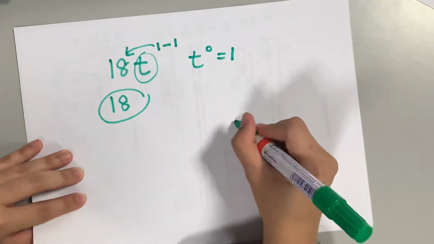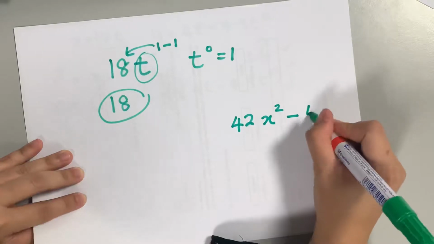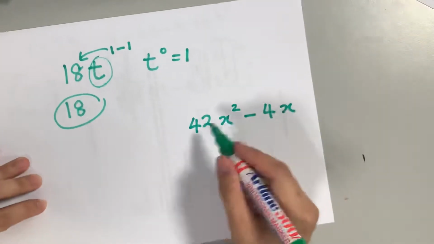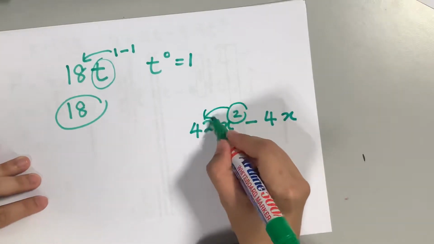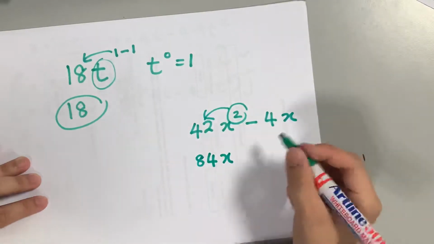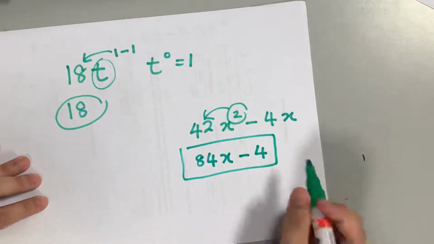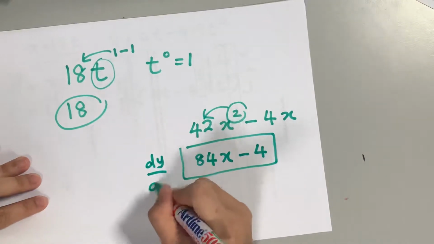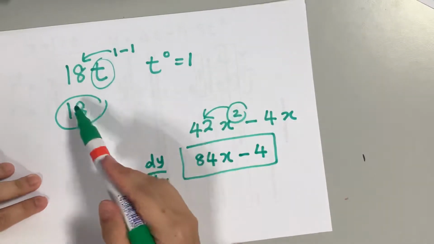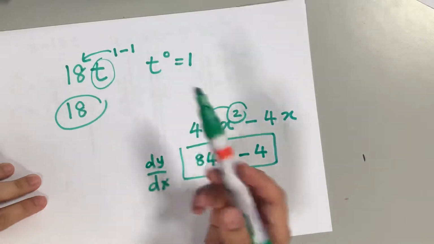Previously you learned at school like this: 42x squared minus 4x, for example. So how to differentiate this one? Times this one, you will get 84x minus 4 after you differentiate. At school you learn about dy/dx, but in physics we differentiate with respect to the time, of course.